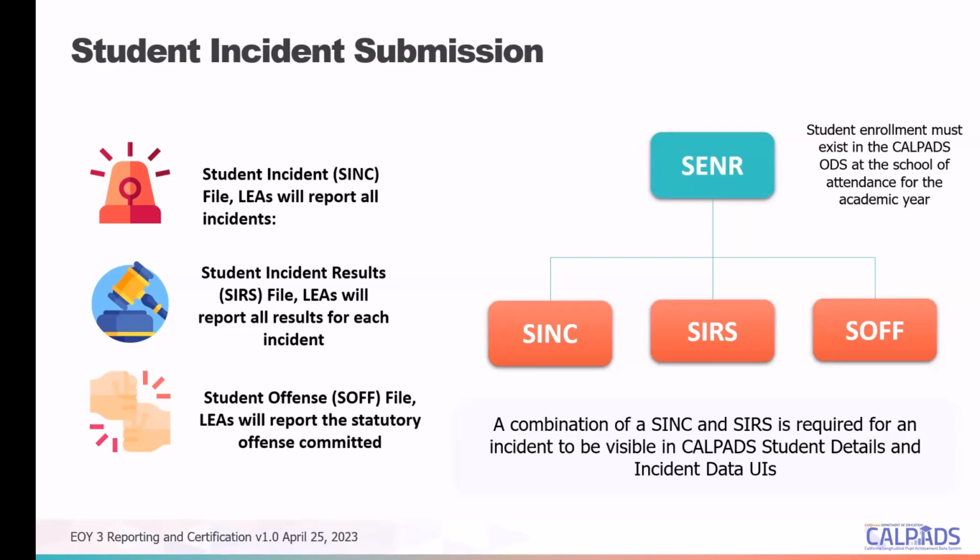You need to report that incident and provide an incident ID. The incident ID will match to the SIRS record. Now you have the incident and the result, the outcome. Those are strictly required. If you have one, you have to have the other. The SOFF record is the offense. And as you know, not every incident has an offense, right? So if it's restraint or seclusion, you may not have an offense, right? Kyron's outburst because he didn't get his Twinkie didn't hurt anybody.